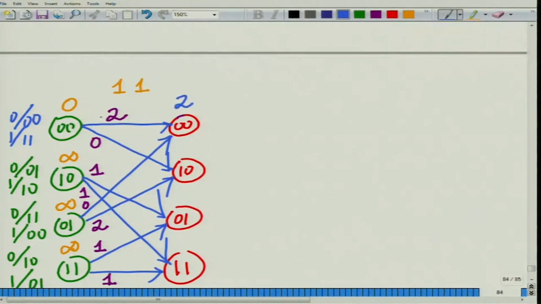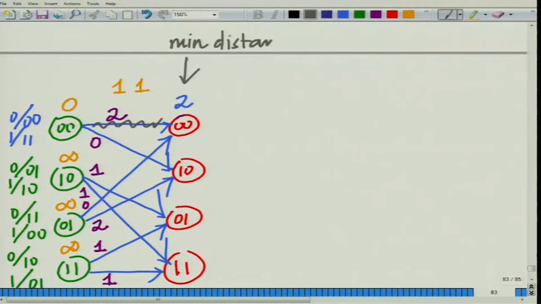Remember, at each state I need to store only the minimum distance path. That is our principle number 1.